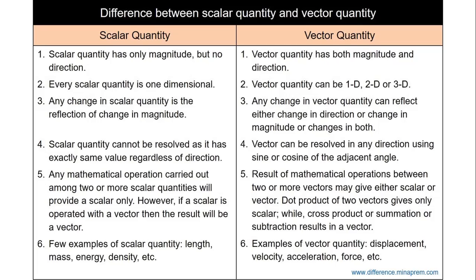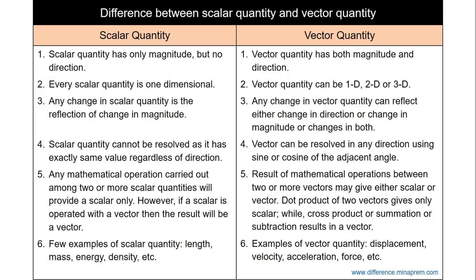Now, number 5, any mathematical operation carried out among two or more scalar quantities will provide a scalar only. So whatever you do with two or more scalar quantities, you're going to get a scalar quantity. However, if a scalar is operated with a vector, then the result will be a vector quantity.